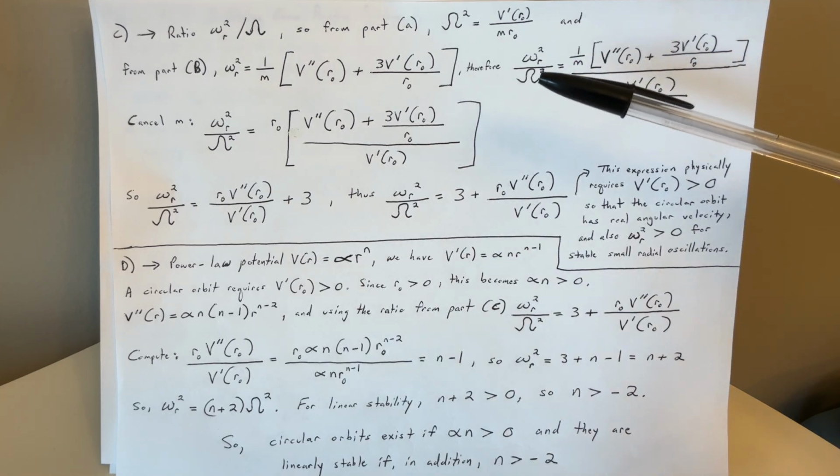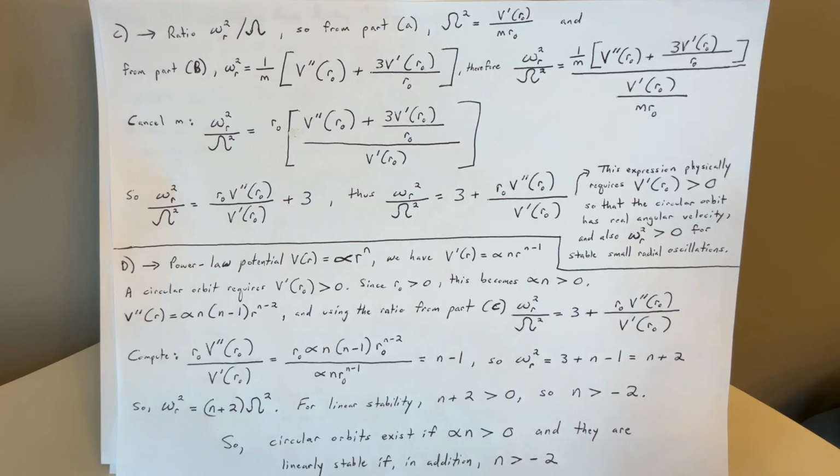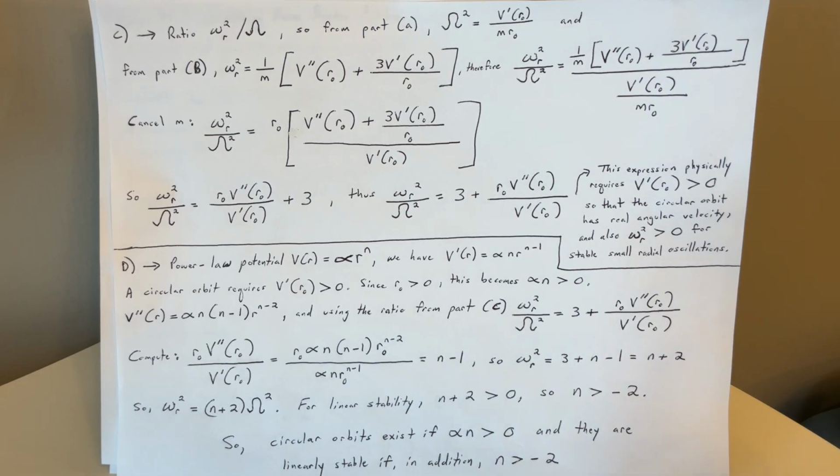From there, therefore, we could say that lowercase omega sub r squared over capital omega squared equals 1 over m, bracket, V double prime of r naught plus 3V prime of r naught divided by r naught, close bracket, divided by V prime of r naught over m r naught.